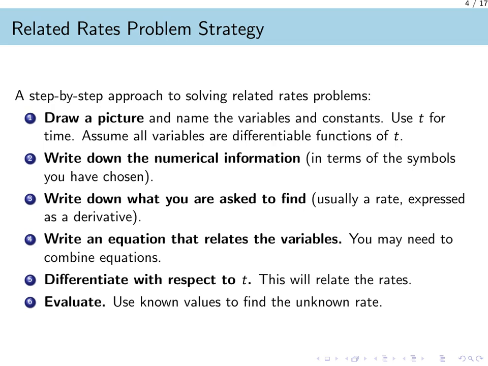The key calculus step is to differentiate this entire equation with respect to time, which introduces the rates we are interested in. A common pitfall is substituting a numerical value for a changing variable too early. Always differentiate before you substitute. The final step is to plug in the known values for the specific moment in question and solve for the rate you need to find. Following these steps in order provides a reliable path to the correct answer every time.